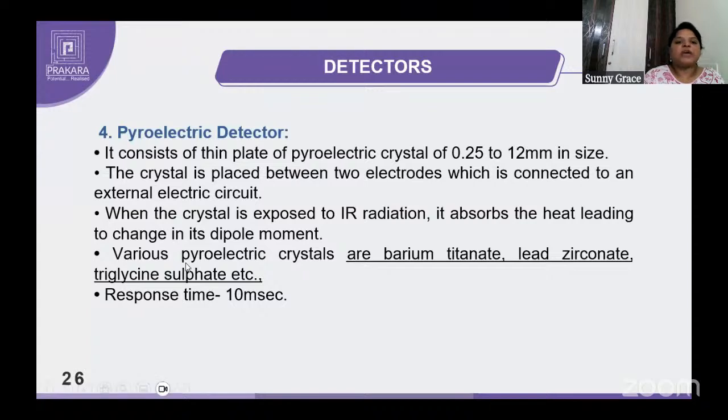The response time is 10 milliseconds. So this is all about the instrumentation of IR spectroscopy, where we have discussed monochromators and all the different types of detectors like the bolometer, thermocouple, and pyroelectric detectors.